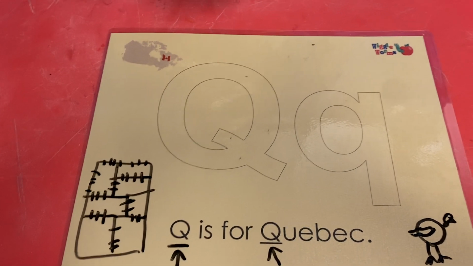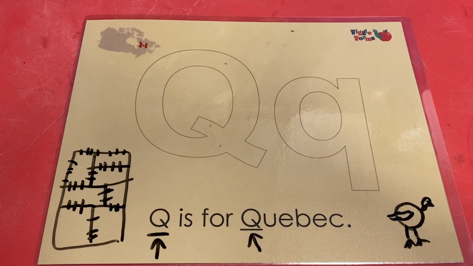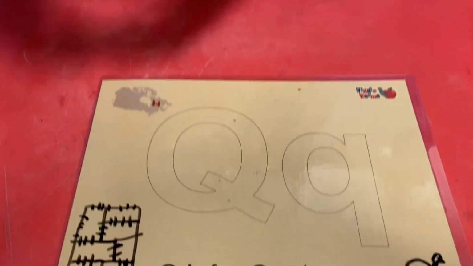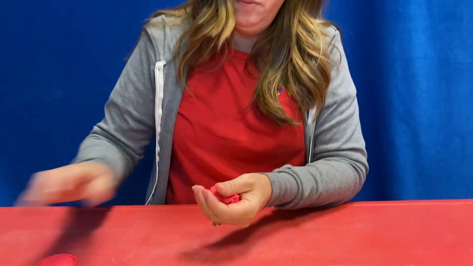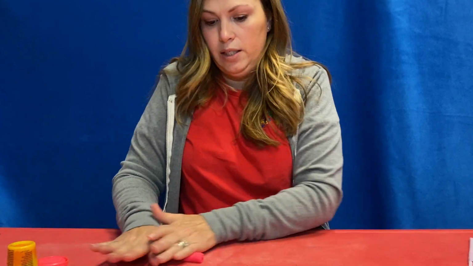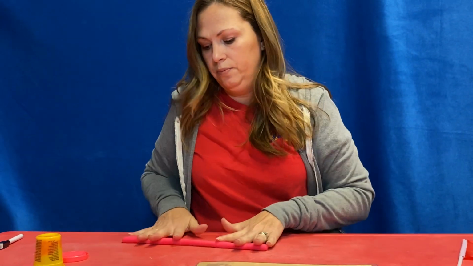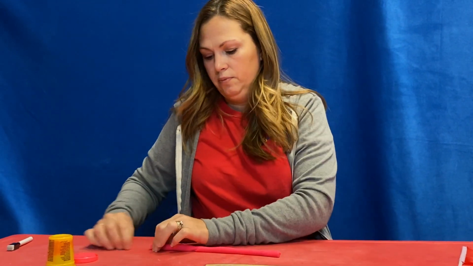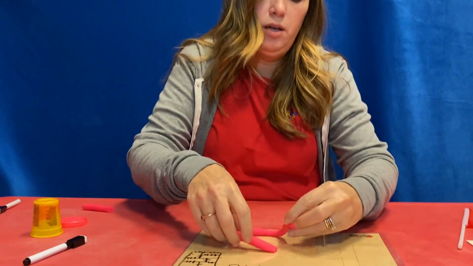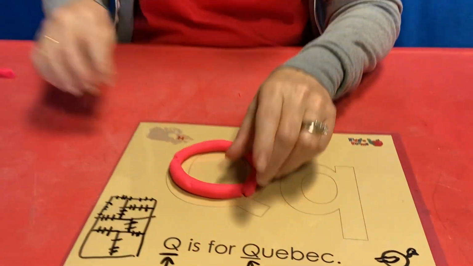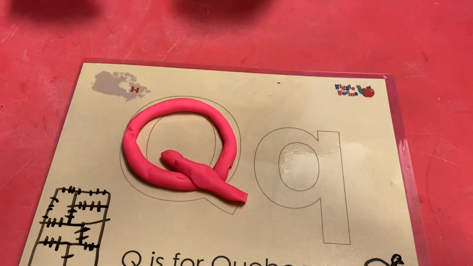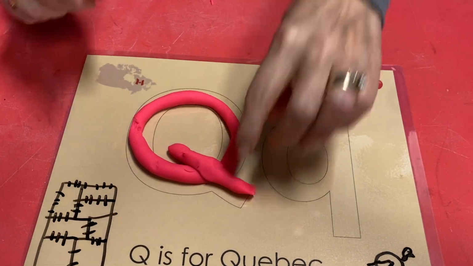So go ahead and get your Play-Doh out, roll it nice and thin. Pink today. All right. So you can roll it, roll it, roll it. And you can make your letters this way. Bam.